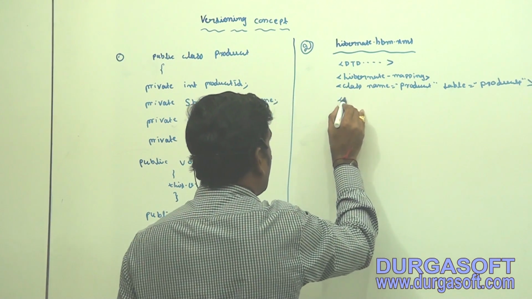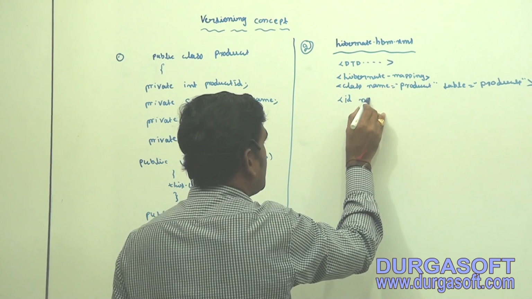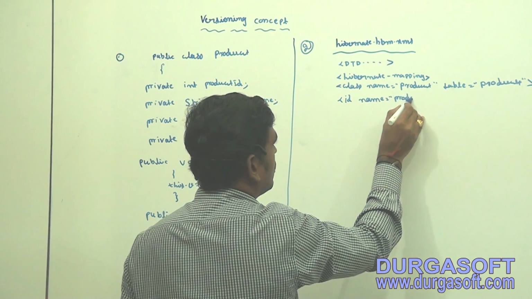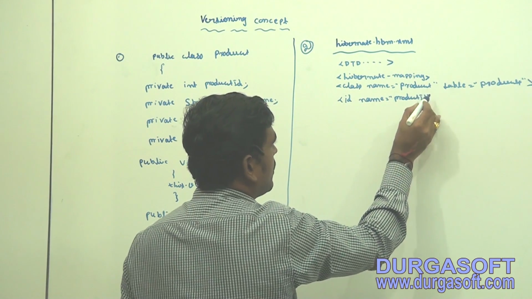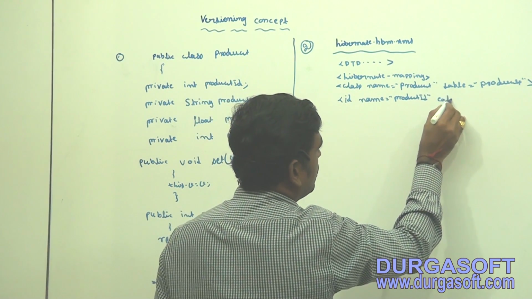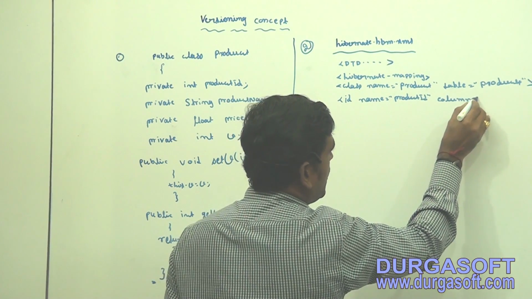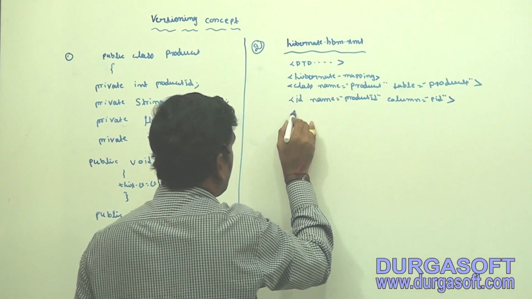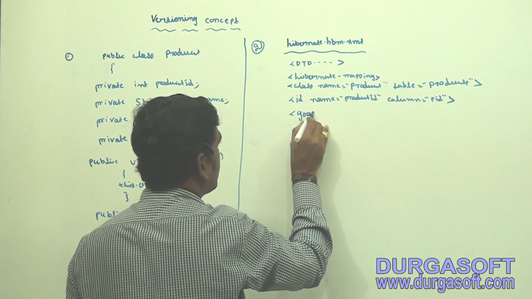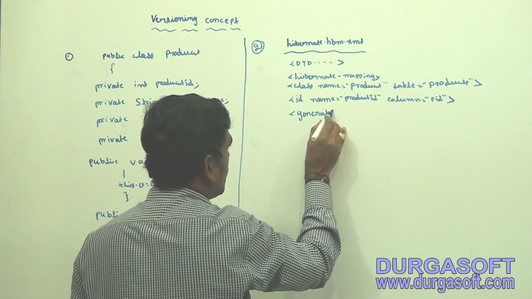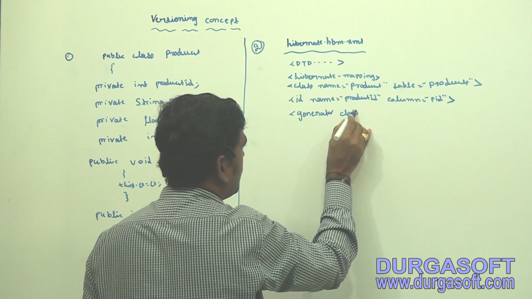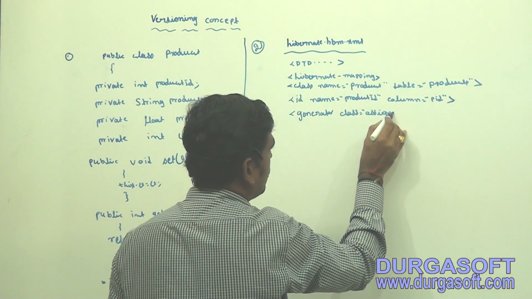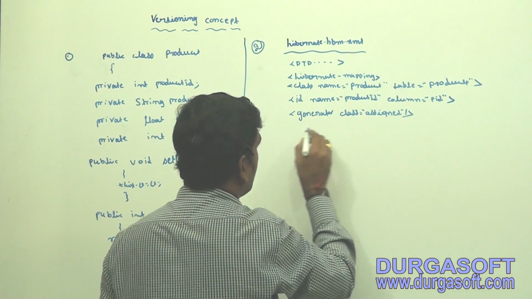The next, id name is equal to productId, column is equal to PID. The next, generator class is equal to assigned. The next, close the id.